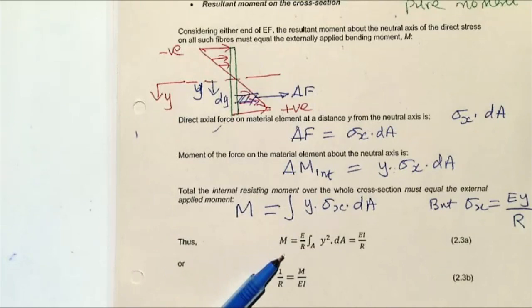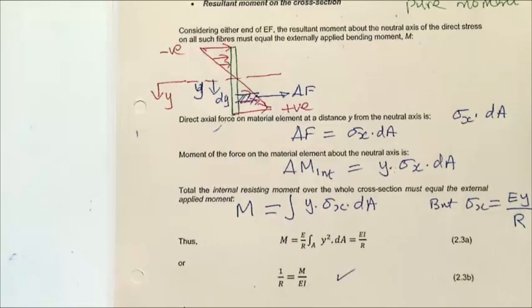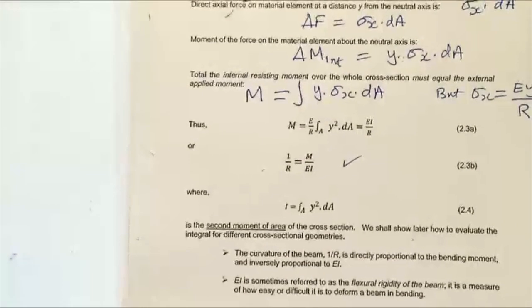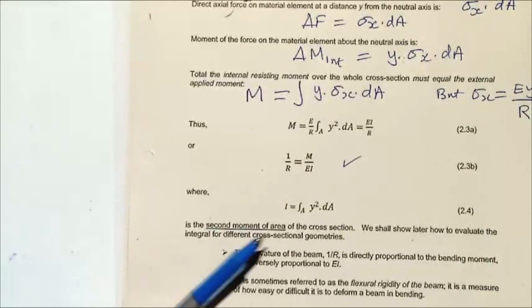So that now will allow us to relate the load, the bending moment that we have, to the magnitude of the actual curvature, which is now given as that. And the second moment of area, which I think we'll be discussing later, is given by that.